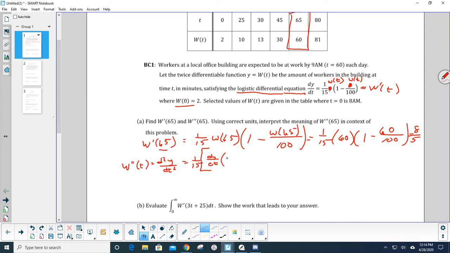I'm leaving this alone. And then I'm going to say plus. I'm leaving the y alone, the dy right here that was right here. And I'm taking the derivative of the inside. If I take the derivative of the inside, I get a negative 1 over 100. But you have to be careful. It's dy dt. So you have to put the dy dt in there. And that's the derivative. Second derivative.